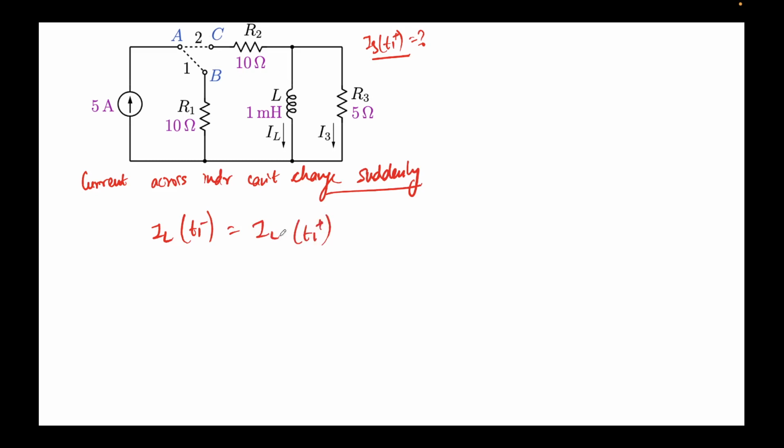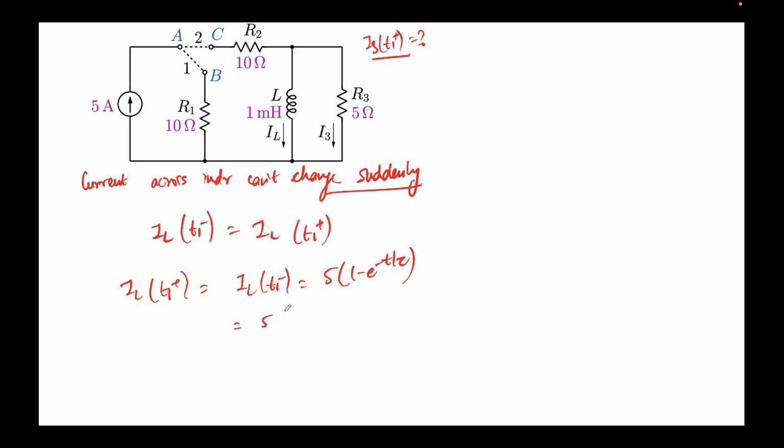So IL at t1 plus is equal to IL at t1 minus, which was given by the expression 5 times 1 minus e to the power minus t by tau.